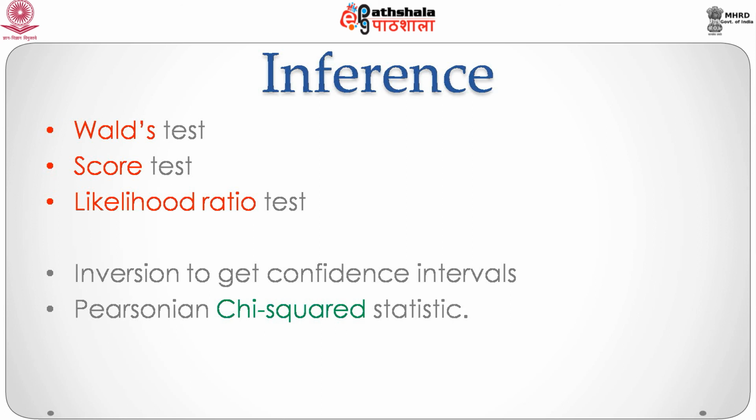So for example, to test the hypothesis whether the odds ratio is 1, that is, there is no association between x and y, or equivalently to test the hypothesis that the log odds ratio is 0, the Wald test could be constructed using log of OR hat divided by the standard error of log of OR hat, and we know that under H0 this would be normally distributed with mean 0 and variance 1.